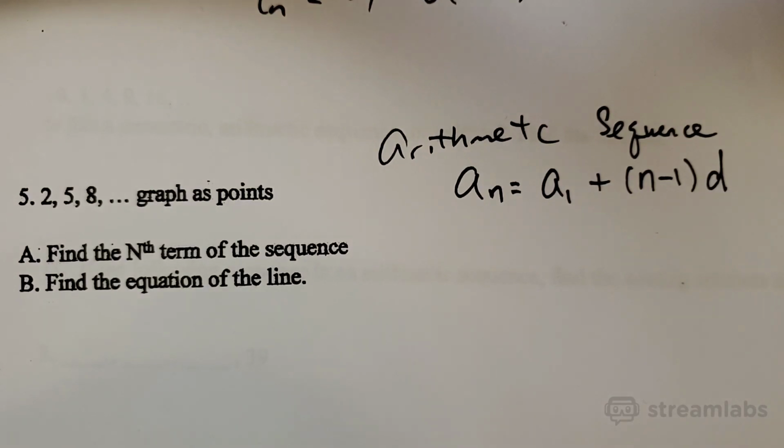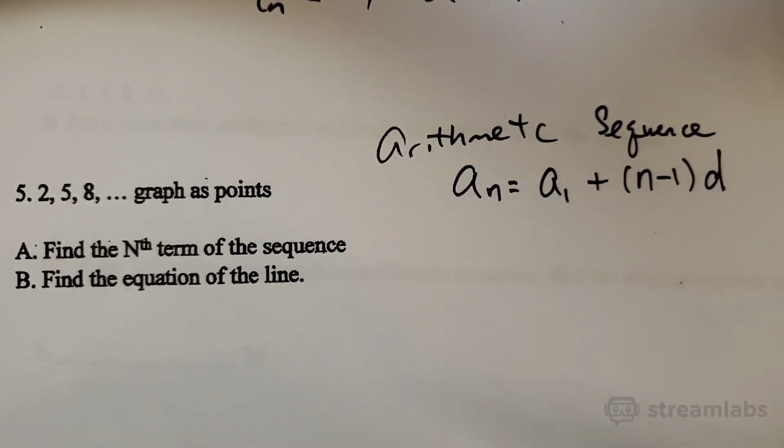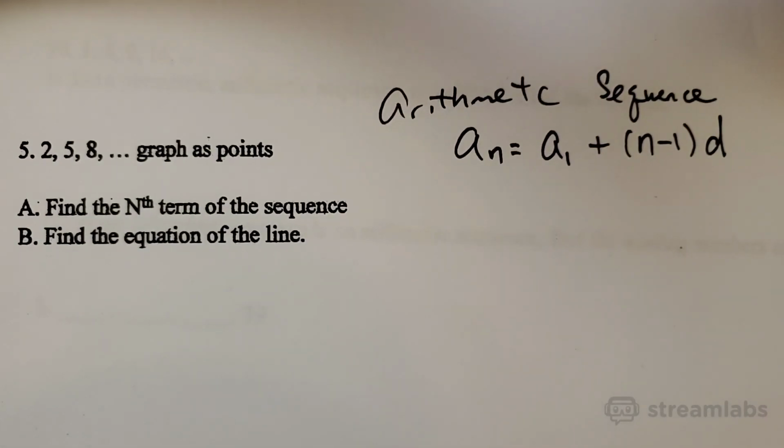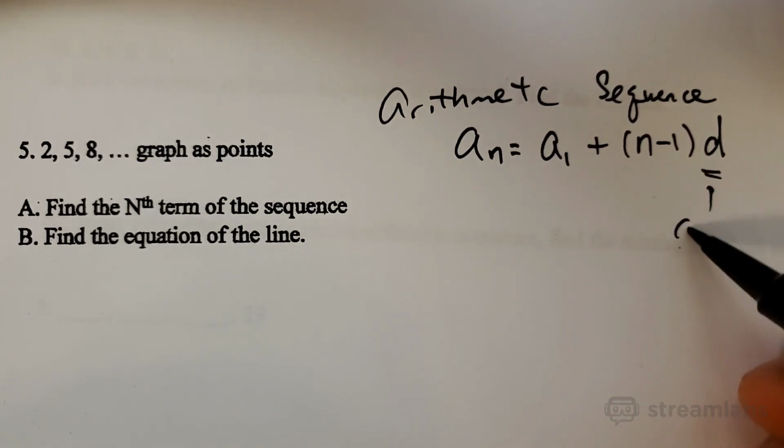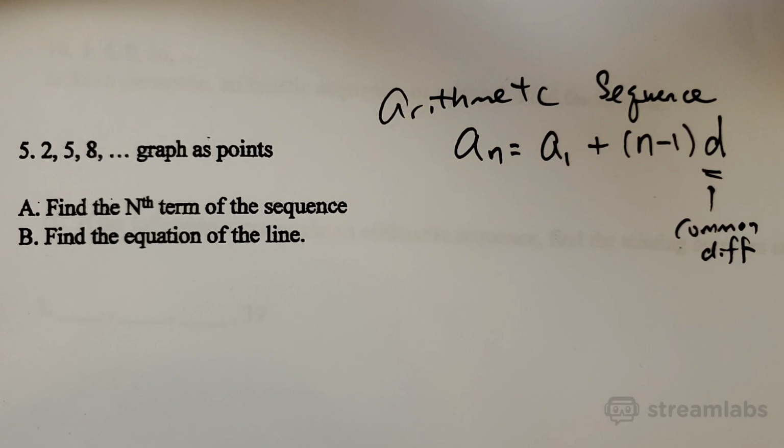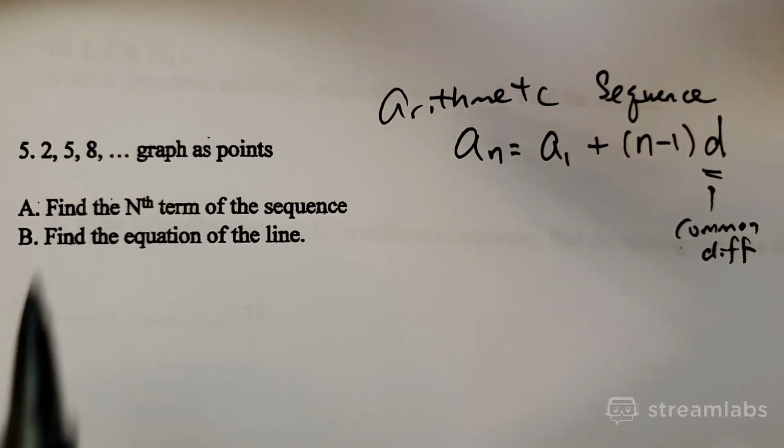All right. So if you look at this to find the nth term, d is going to be your common difference. Okay, common difference, which is either the one you add or subtract, because add and subtract are just opposites of each other. So, can you find the nth term of the sequence for this one?